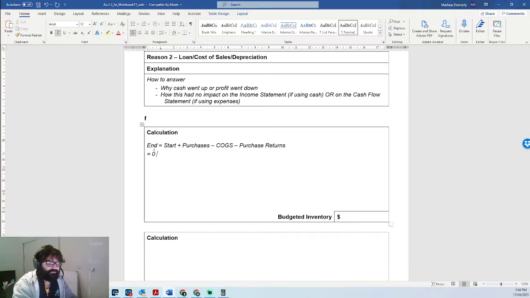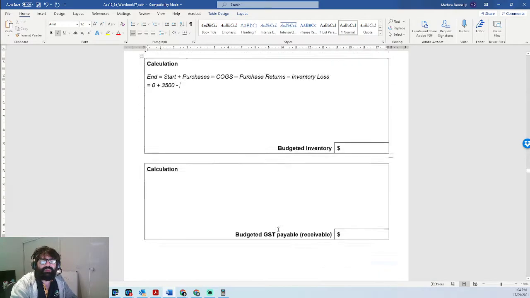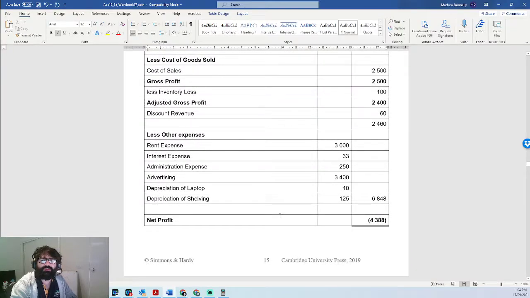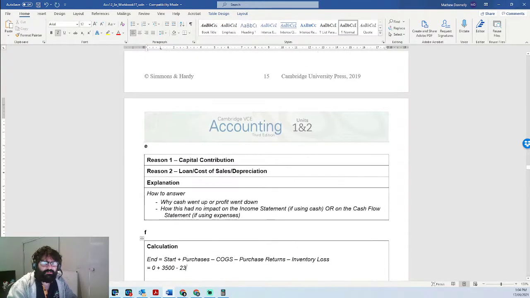So our start was 0. Our purchases, if we go back, we see was 3500. Then we minus, oh, I forgot inventory loss. I'll add that in there. So we see cost of goods sold was half our sales. So we just go look at cost of goods sold again. It was 2,500.